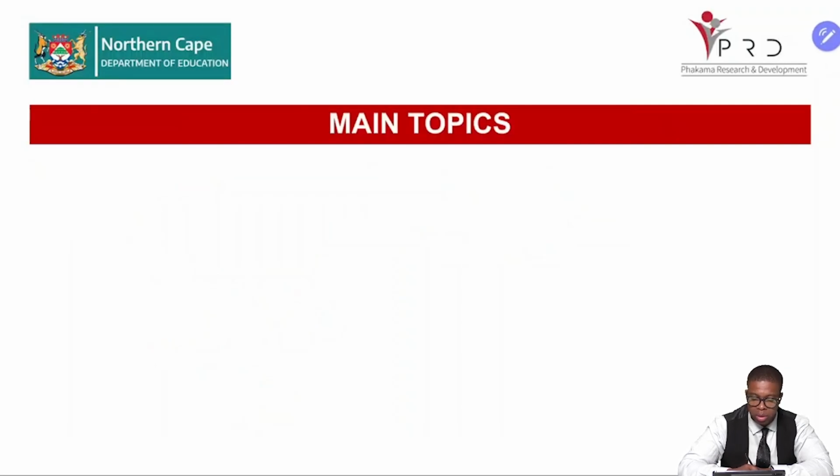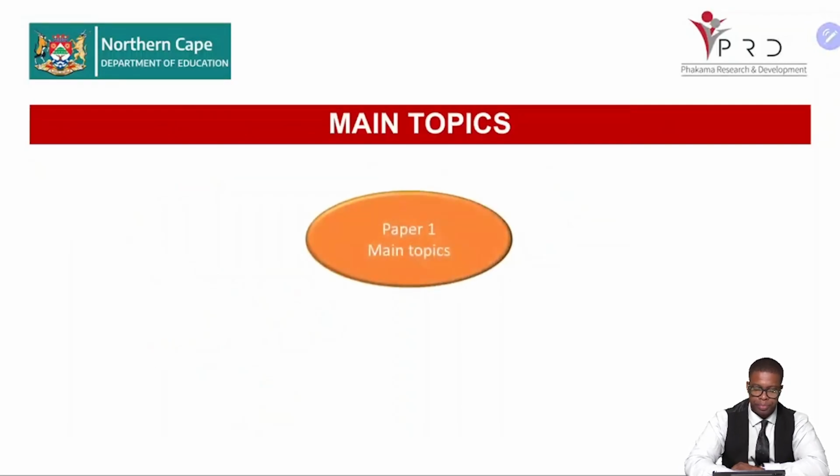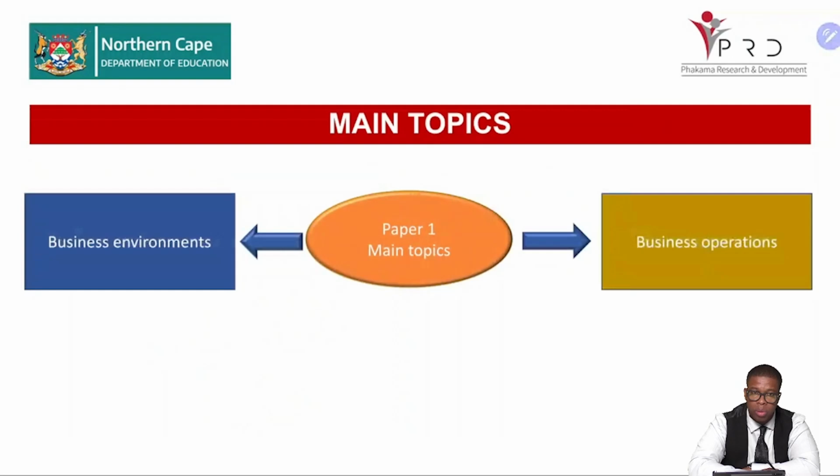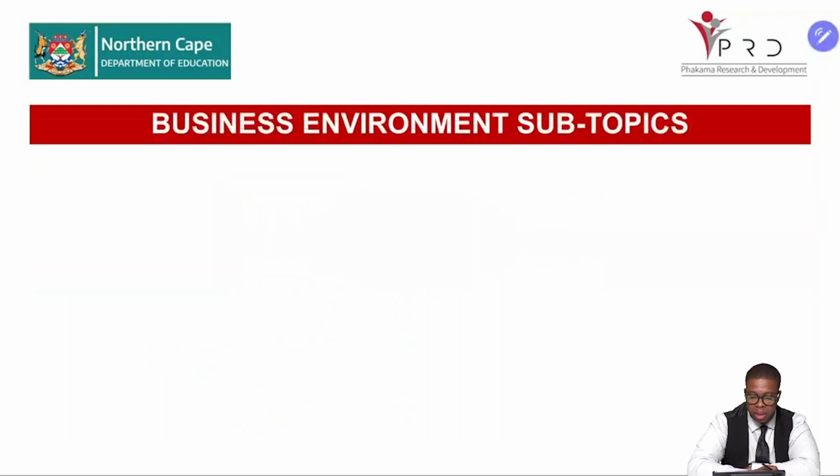Now, let us look into the main topic. The main topics for paper 1 include business environment and business operations. The purpose of this revision lesson is to look into business environments and possible questions, and based on the examination guideline, to say how can you be assessed looking into the subtopics of the business environment.